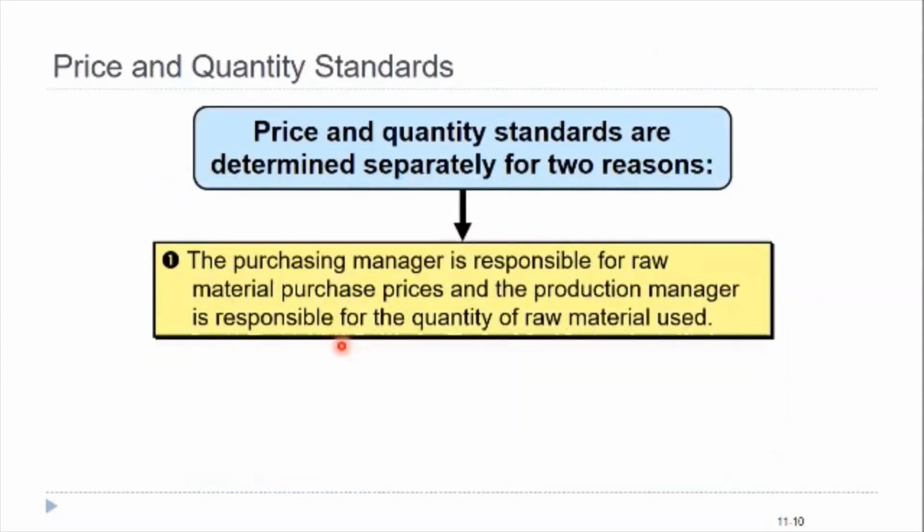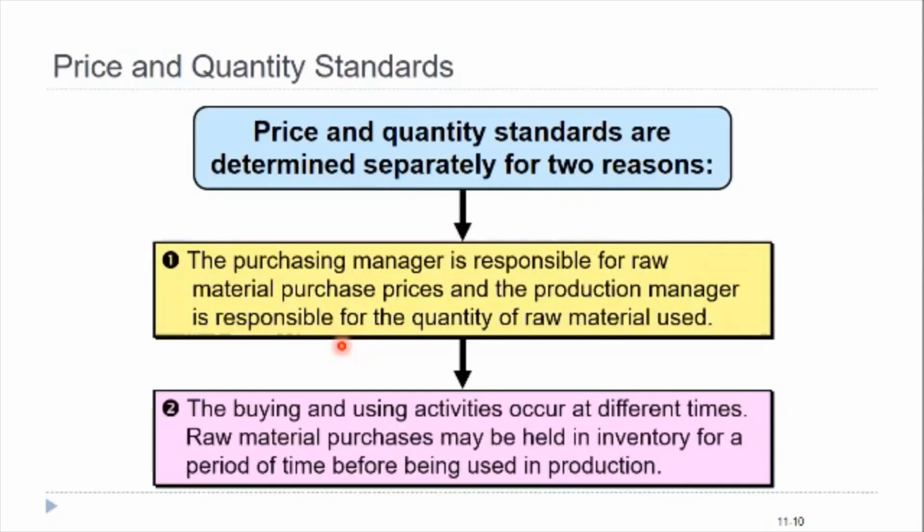Right. So price and quantity standards are determined separately for two reasons. The purchasing manager is responsible for raw material purchase prices, and the production manager is responsible for the quantity of the raw material used. And this would apply for labor as well. The purchasing manager is usually in admin, and the production manager is in the factory.